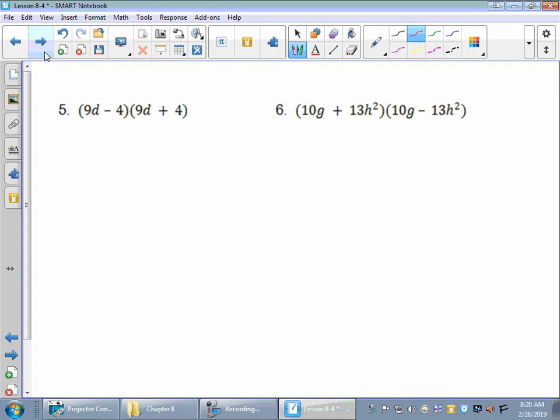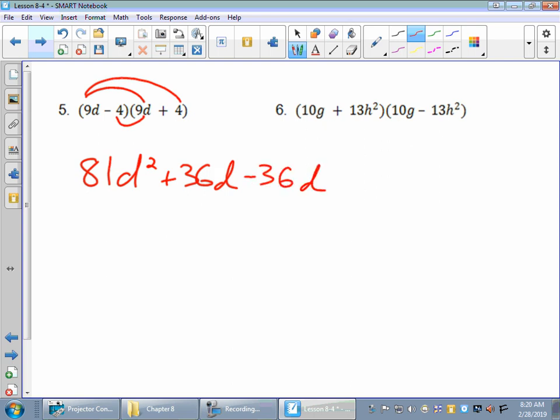This one's the one that I actually do like because when we FOIL it, we go 9d times 9d. 9 times 9 is 81. D times d is d squared. Then 9d times 4 is going to be a plus 36d. Negative 4 times 9d is a minus 36d. And then our last terms here, negative 4 and positive 4, give us negative 16.